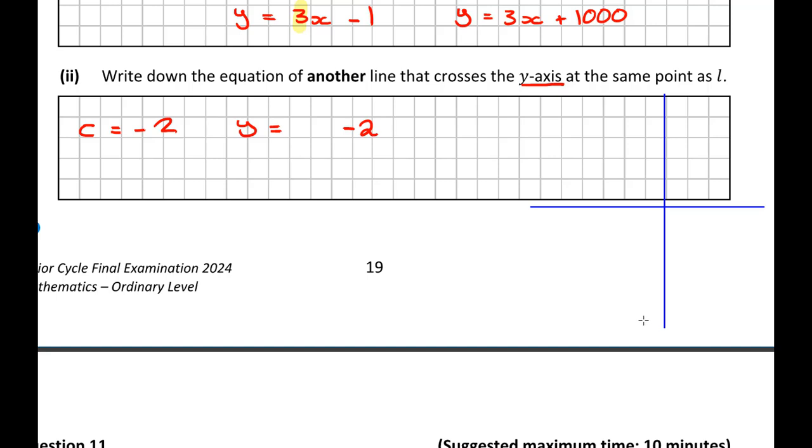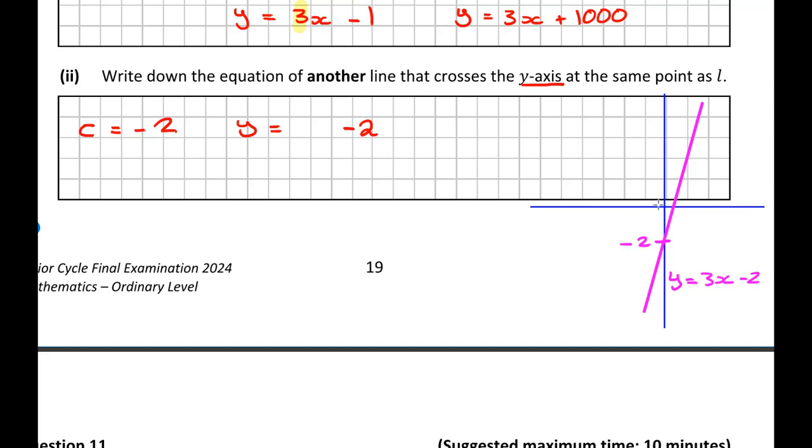So 3x minus 2, it's going to look something like this. Okay, that's our line. So I'm going to just call that y equals 3x minus 2. So this is y equals 3x minus 2. So what we care about at this point is that it crosses the y-axis at minus 2. That's why it's 3x minus 2.